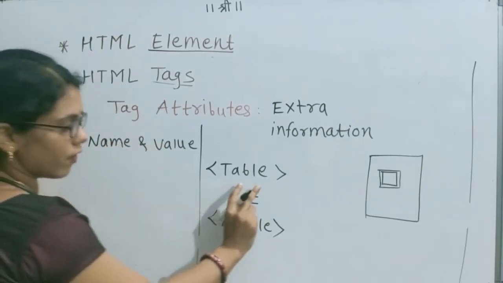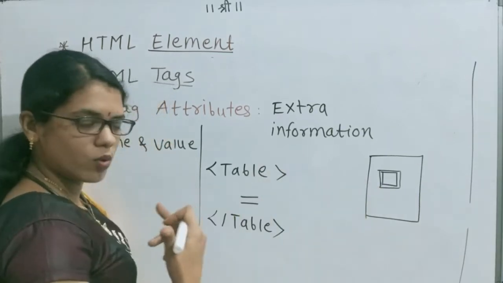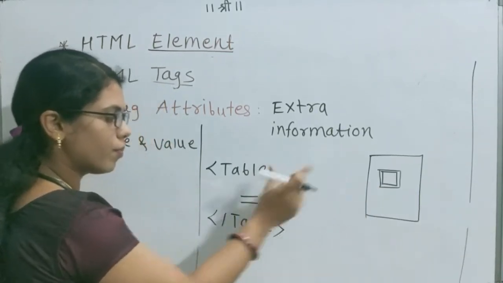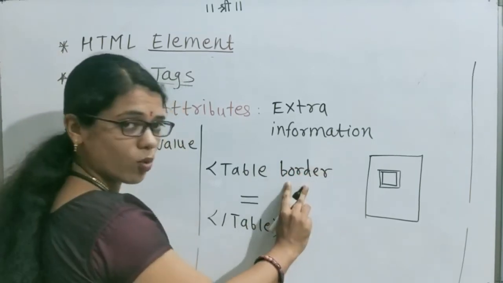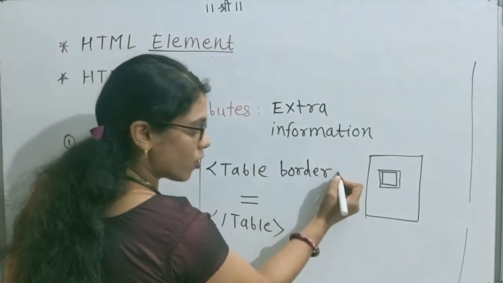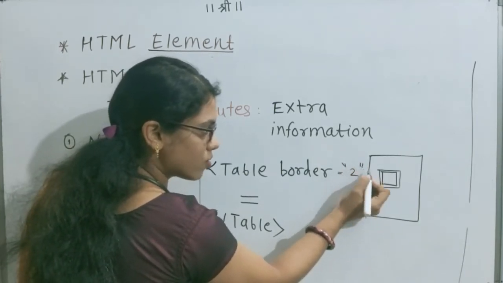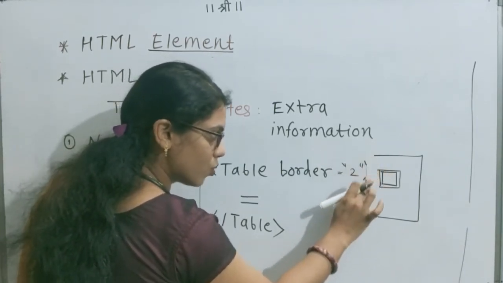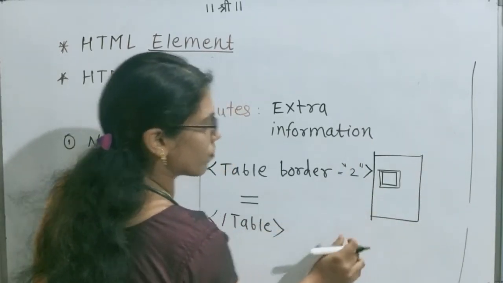Here we have to implement a double border on our table, so we use the attribute border. How many borders are applied to our table? Only two. So border equals 2, where 2 is the value.